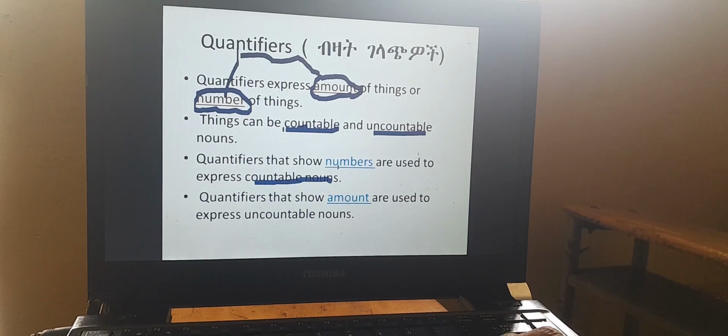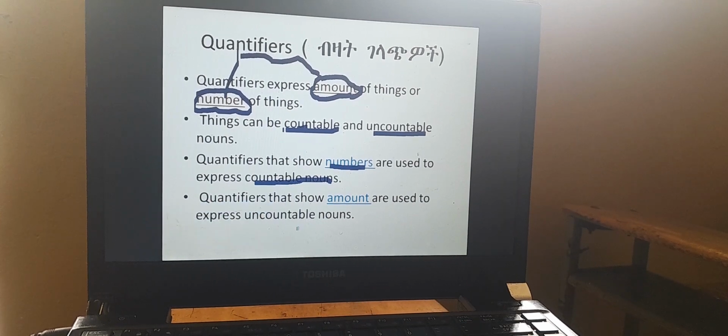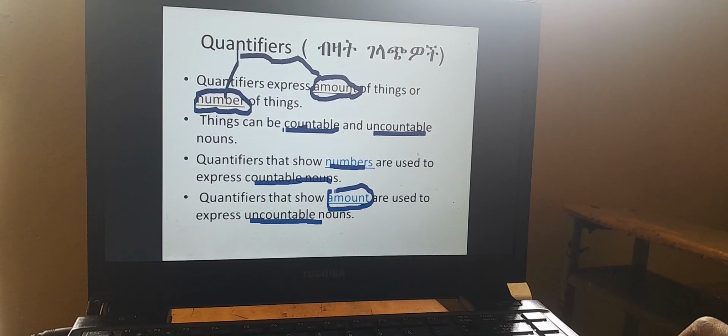Quantifiers that show amounts are used to express uncountable nouns, which means uncountable nouns can be expressed by using the amount, as a measurement. So these are very important points that should be captured by learners related to quantifiers.